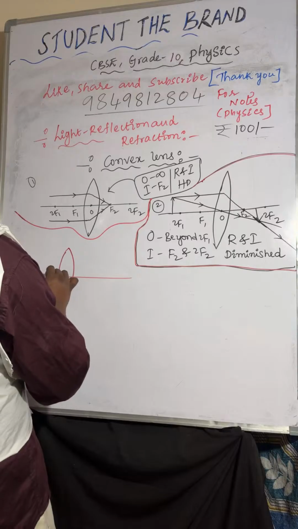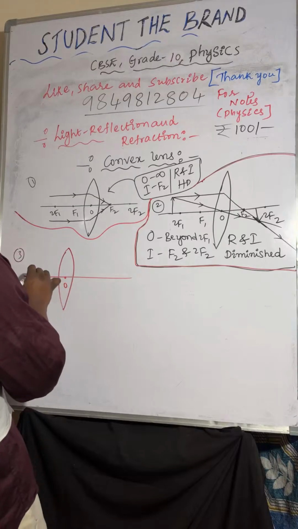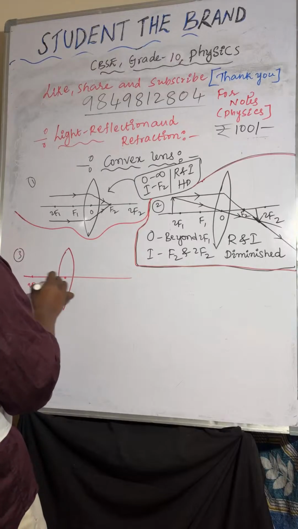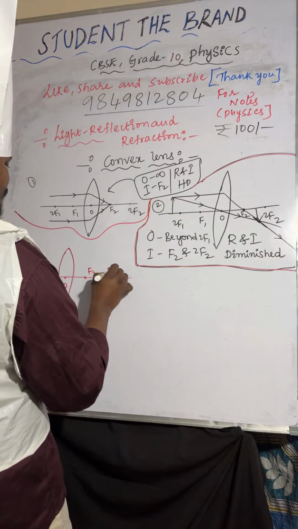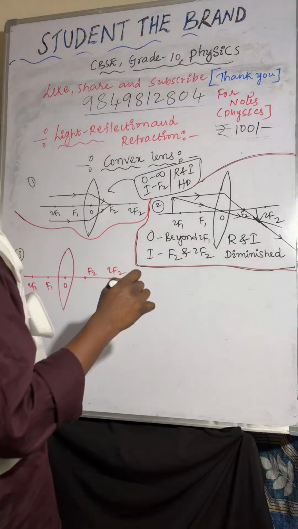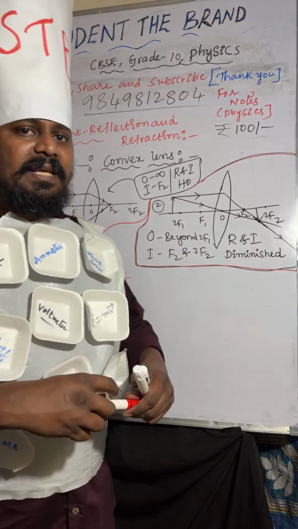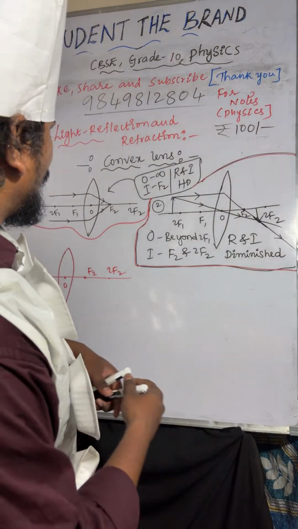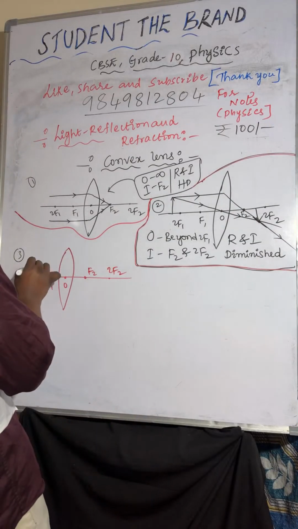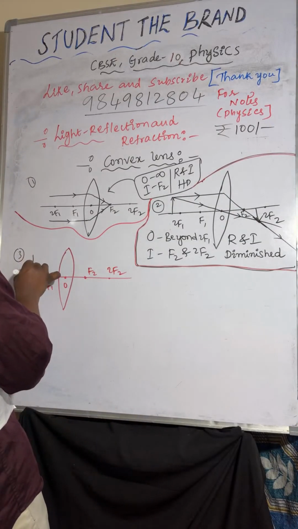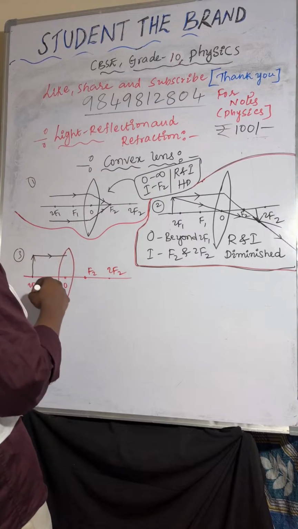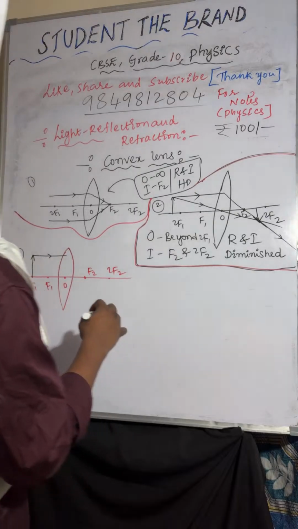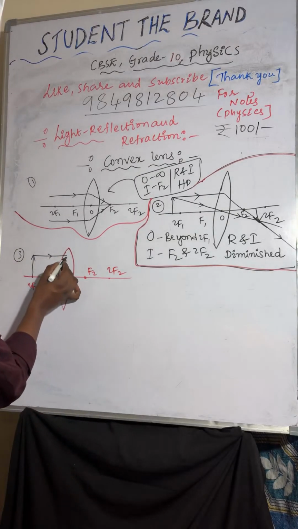Optic center, F1, 2F1, F2, 2F2. Object is placed at 2F1. Where is the image forming?